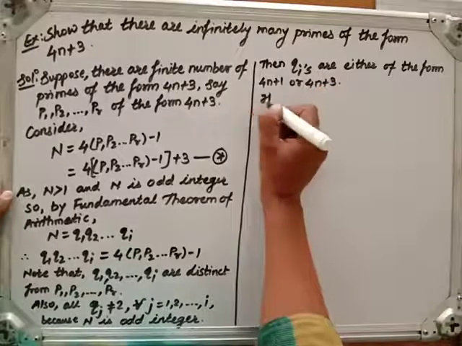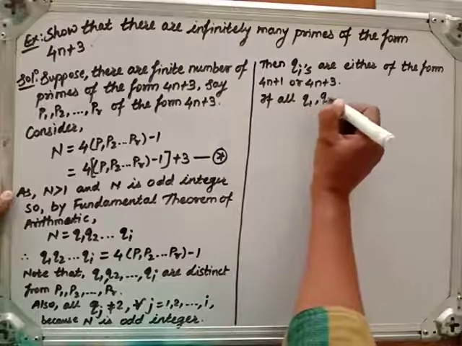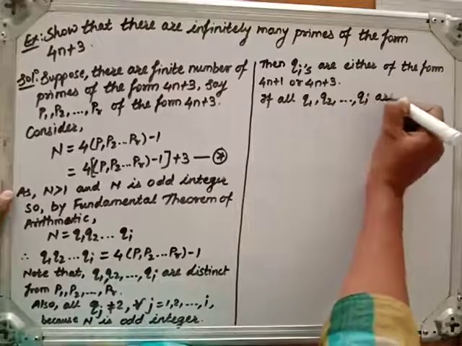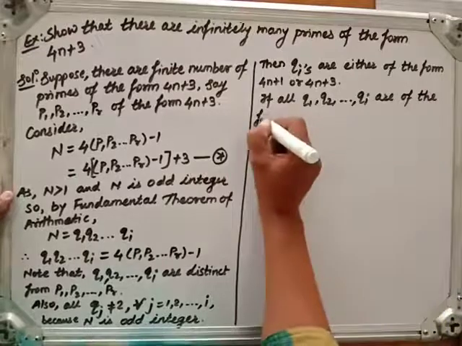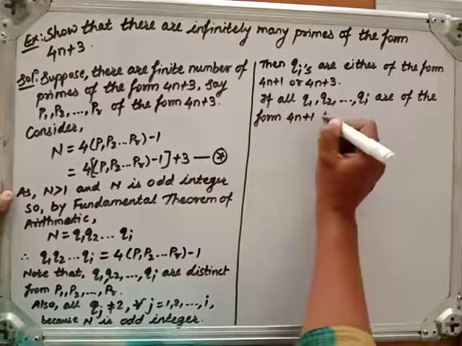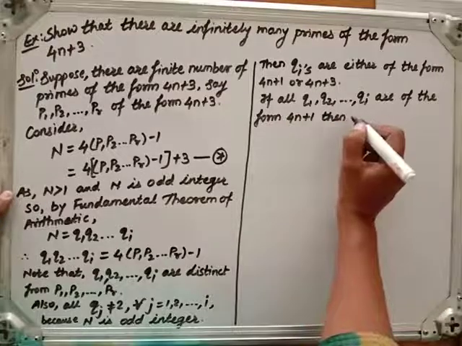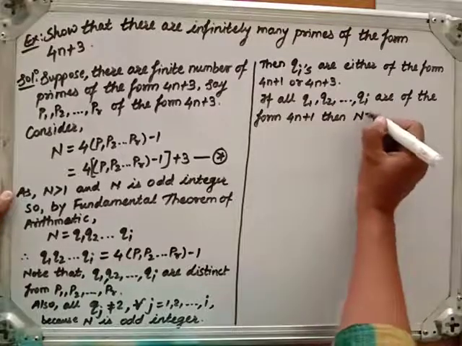If all of q1, q2 and so on up to qi are of the form 4n plus 1, then n, what is n?